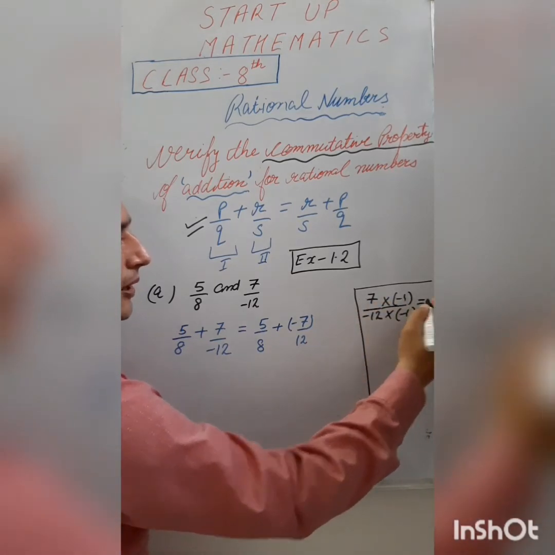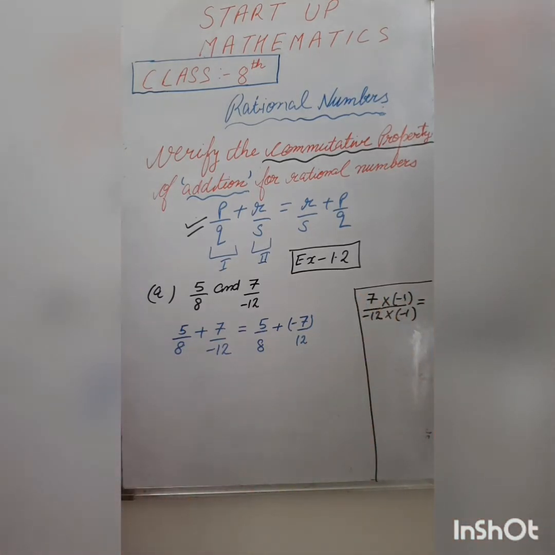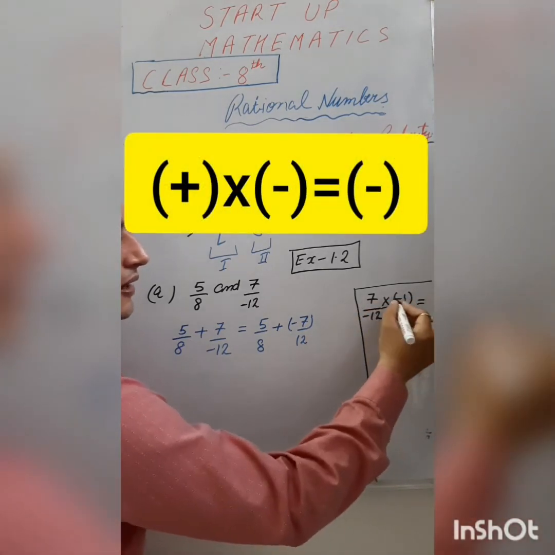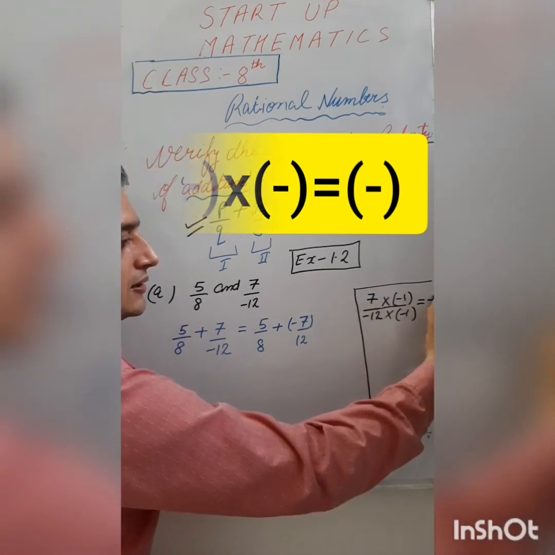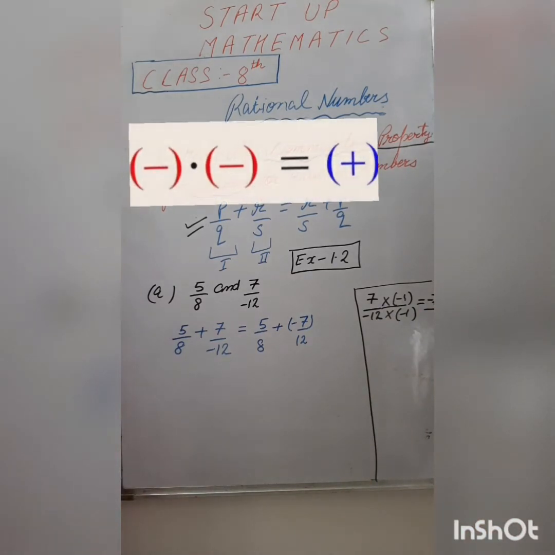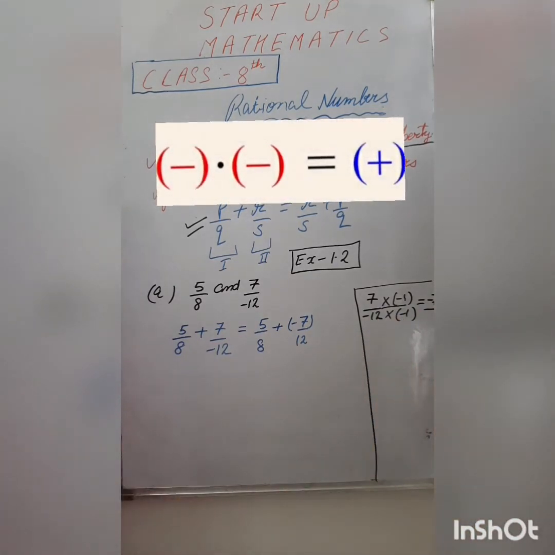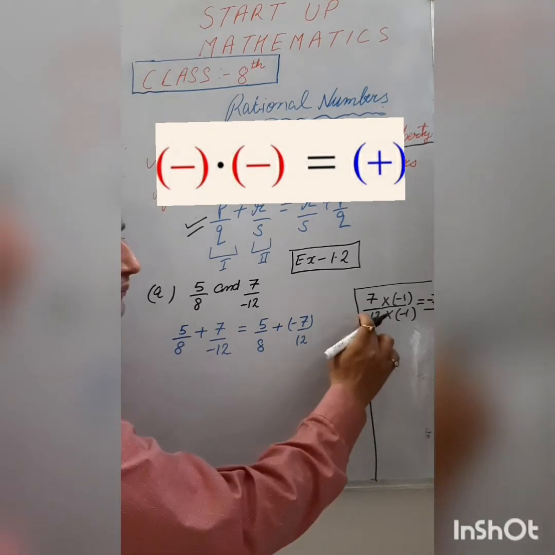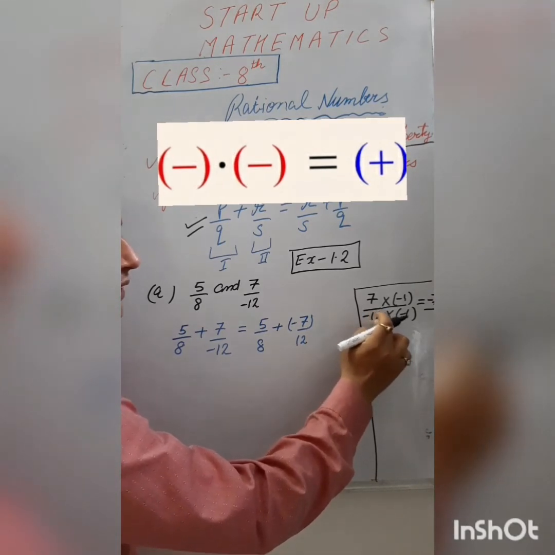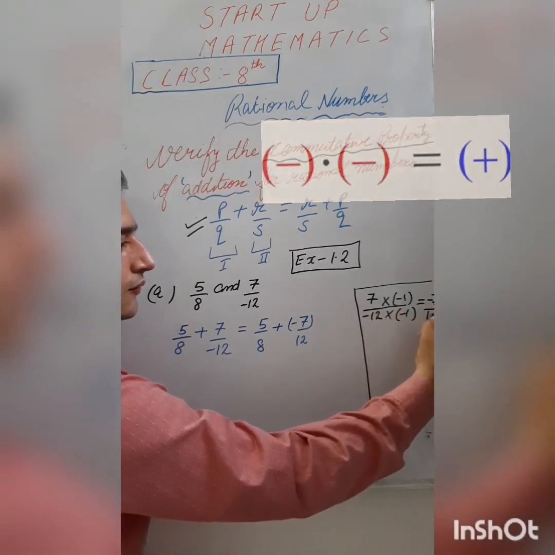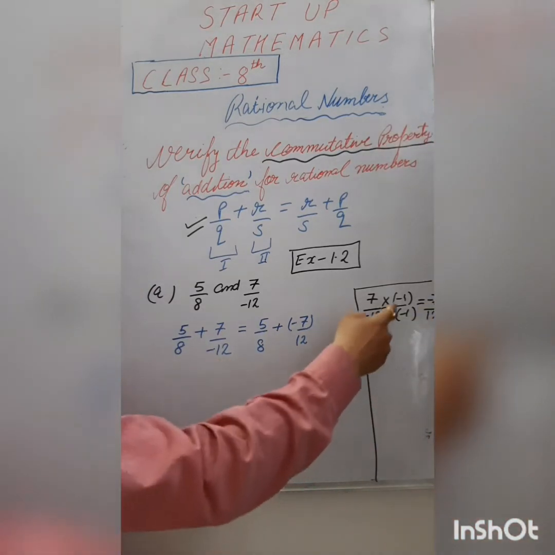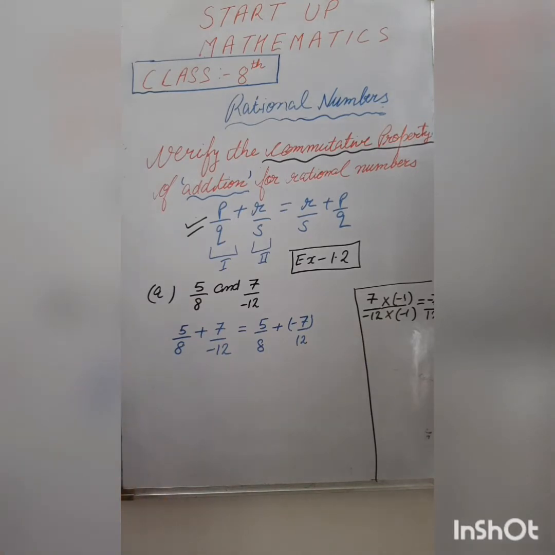When you multiply two numbers of opposite sign, the result is negative, so the answer is -7. In the denominator, the product of two numbers of the same sign is plus, so 12. So this is minus 7/12. To make the denominator positive, we multiply numerator and denominator by -1.